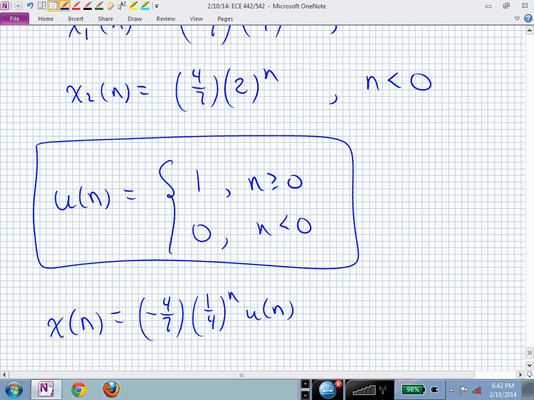Plus 4/7, 2 to the n, u of minus n. Now I want this to be switched on when the argument here is non-negative. Now I may have messed up at time 0.